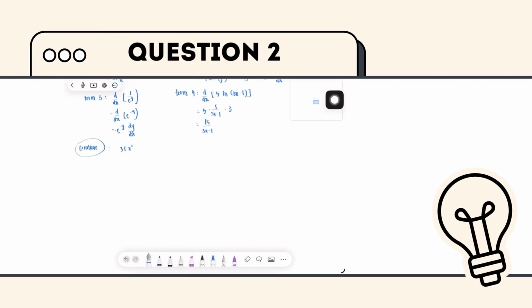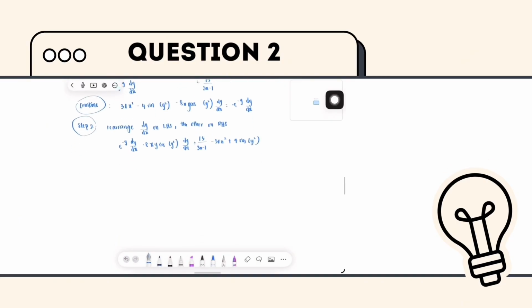Now, we will combine all the terms. The second step, we need to rearrange the dy over dx on the left hand side, meanwhile the others on the right hand side. For step 3, we need to do the factorization.